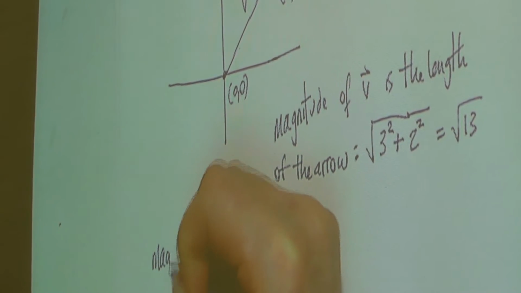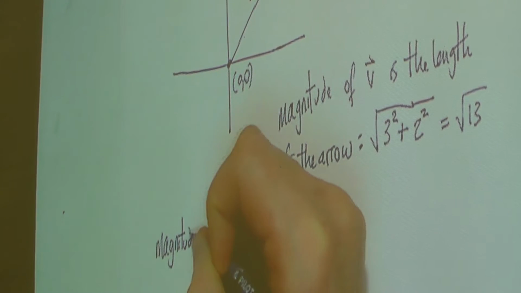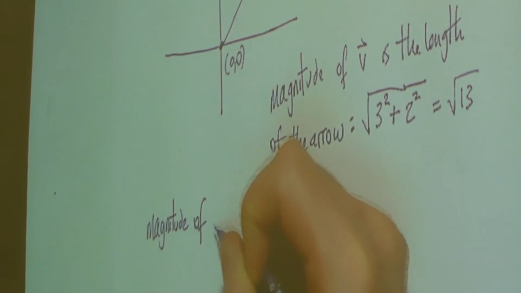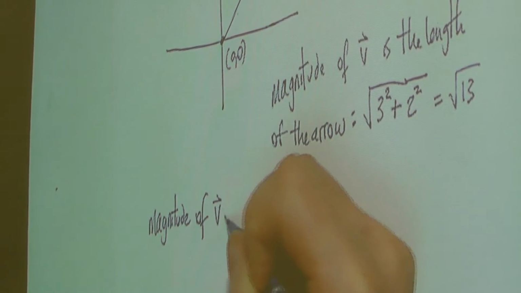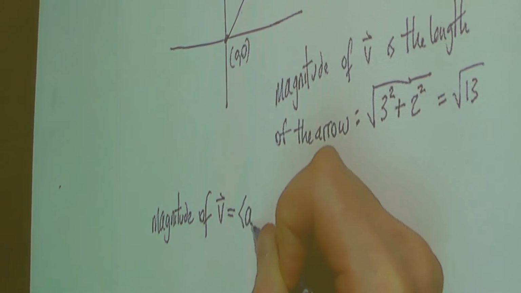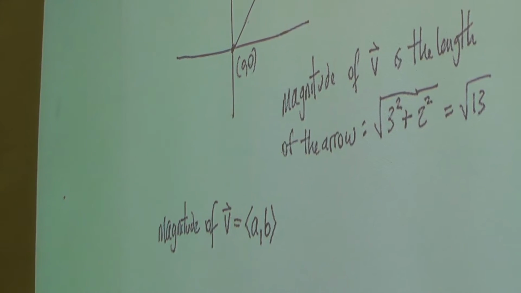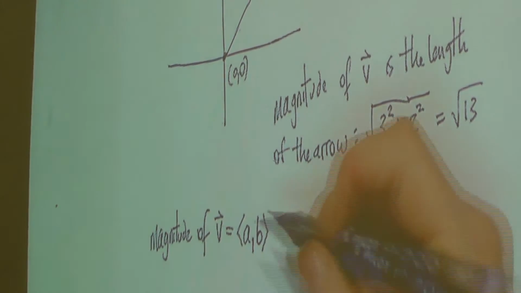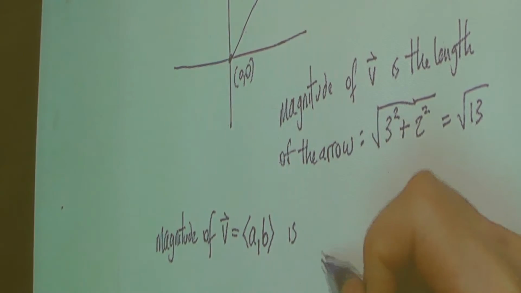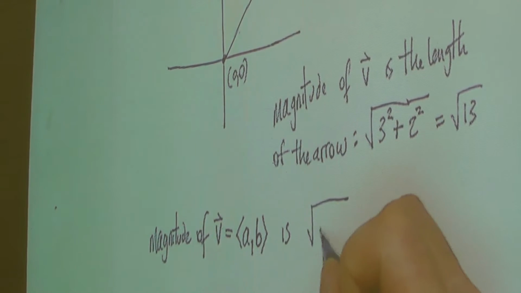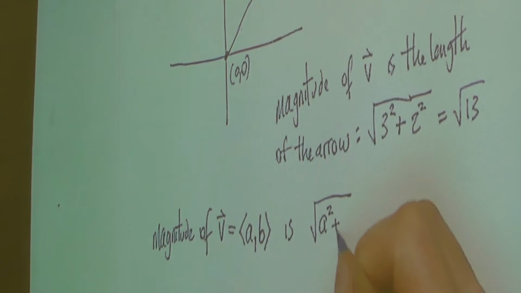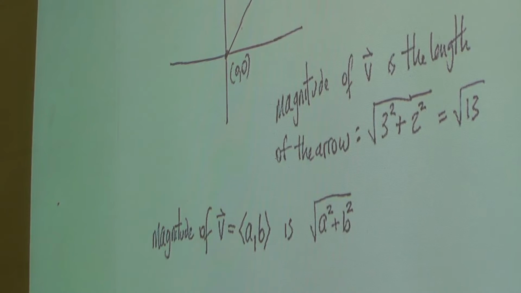The magnitude of a vector, if it's in 2 dimensions, let me give the components A, B, is square root of A squared plus B squared.